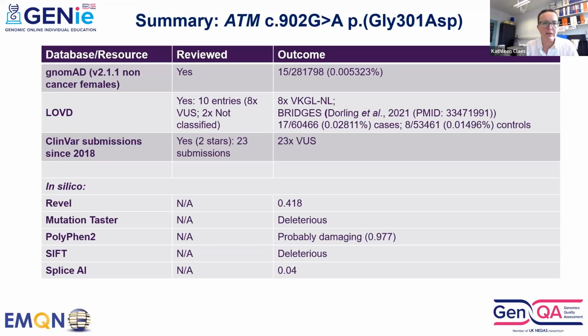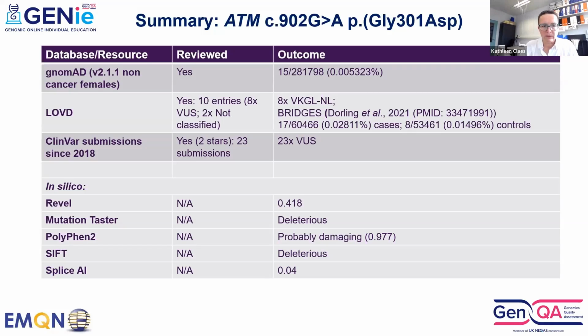In LOVD, it is also reported, and there is also a frequency available from the BRIDGES Consortium, as you can see here, and it's a bit higher than what is reported in gnomAD non-cancer females. In ClinVar, it's also reported, it gets 2 stars because all participants agree on the classification, meaning they all classified it as a variant of unknown clinical significance.